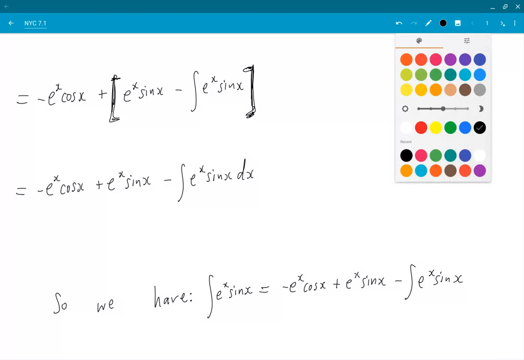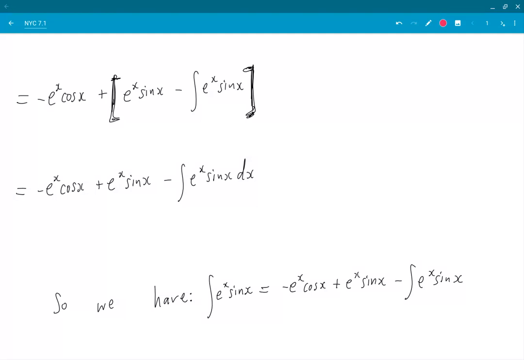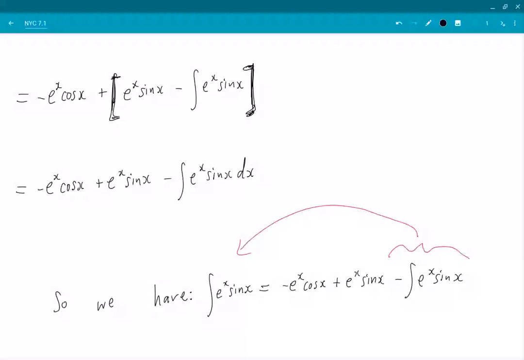Now, the not so obvious part is to take this guy and move it over to the left-hand side. When you move it over, this minus sign becomes a plus sign, and you basically double this integral.